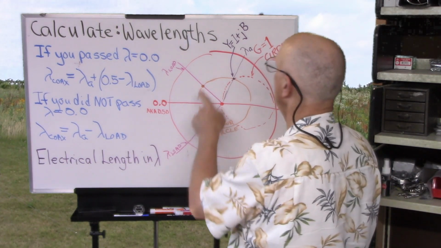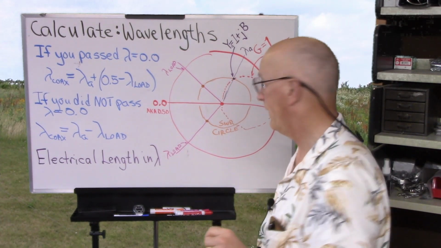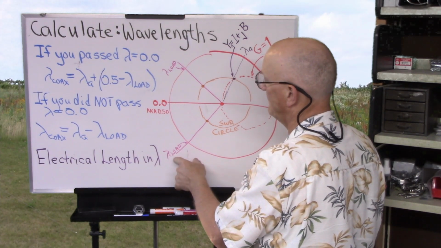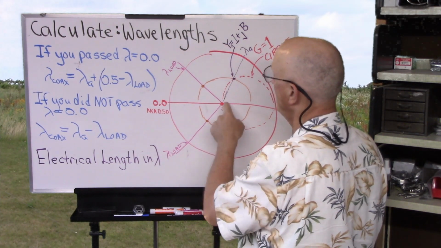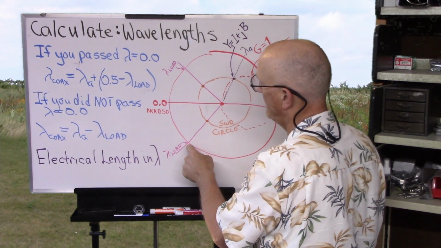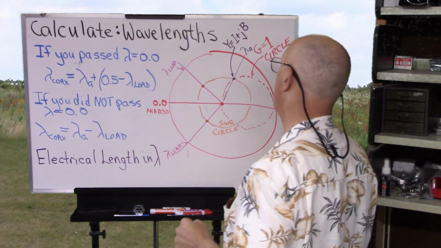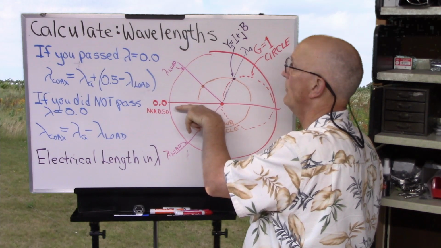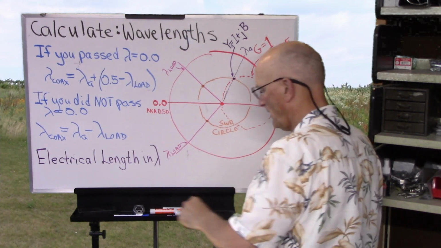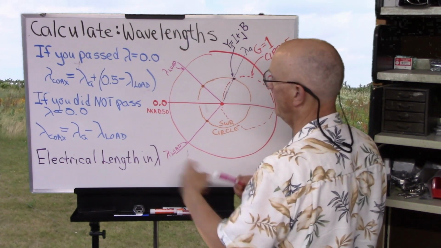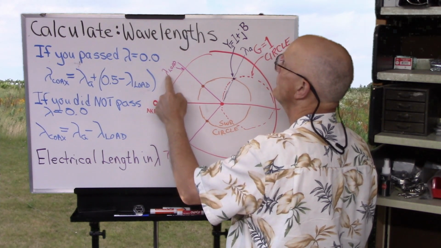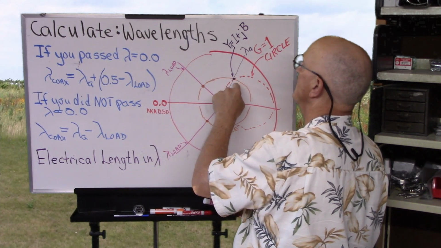Now, we've already established at this point what the lambda sub load is by seeing where we come out here onto the edge. I have two different instances shown here. And we have already moved clockwise from this point around this to the lambda sub A point.